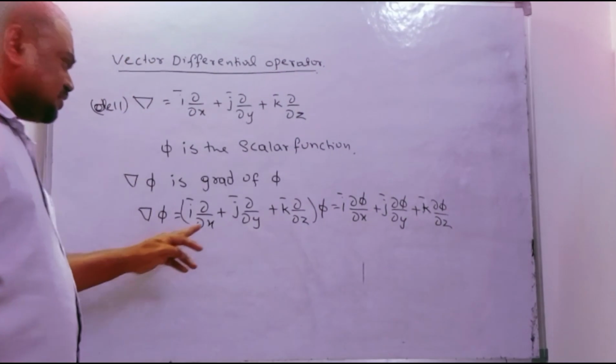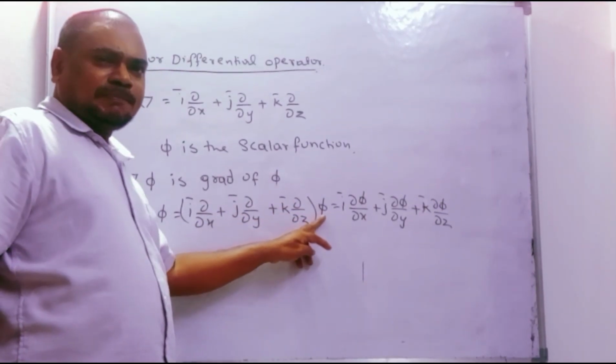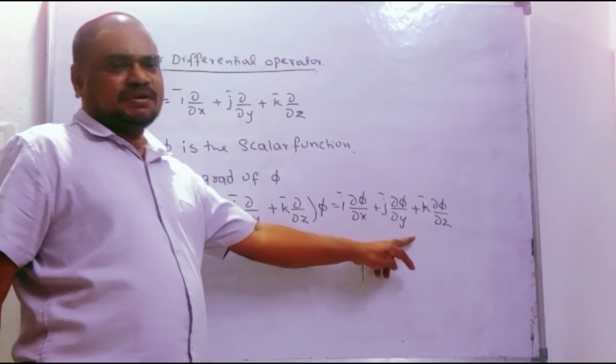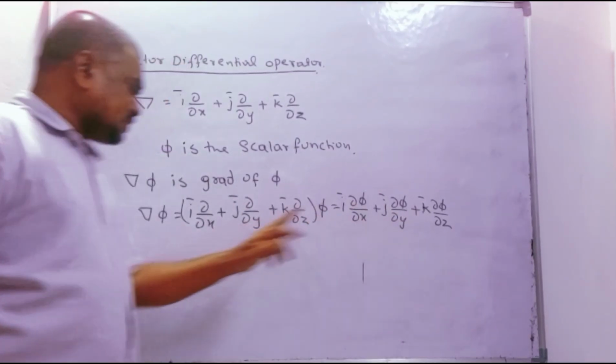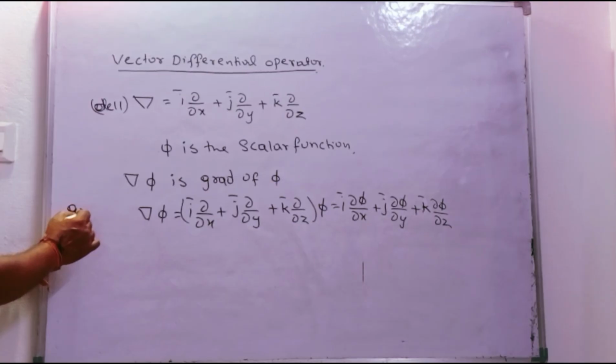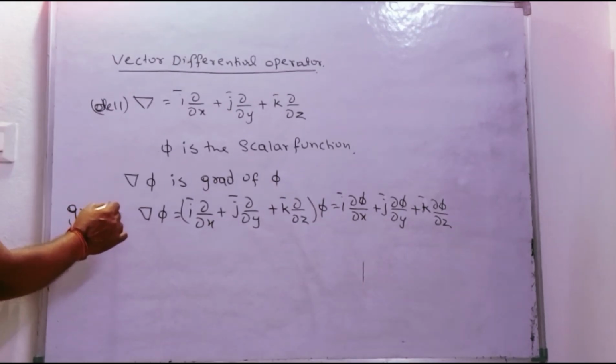Here this scalar point function is converted into a vector function by using del phi. This is denoted by grad phi.